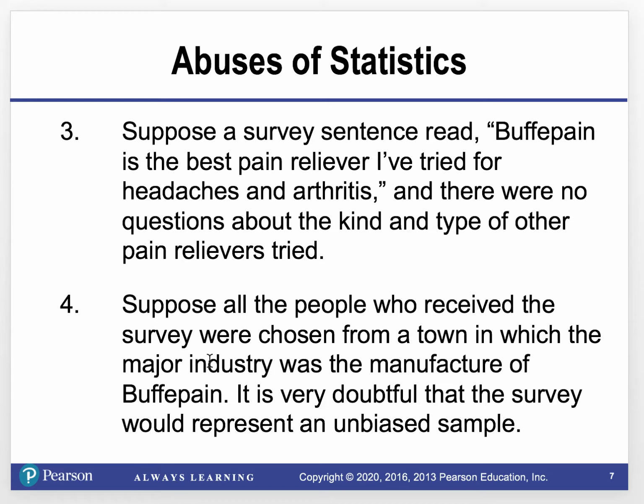Again, were these just people in the town where Bufopain has their manufacturing company? The number and type of pain relievers used, was it Bufopain versus a placebo? And everyone said, oh yeah, Bufopain is better. Okay. And how the answers were interpreted. So we want to keep those basic things in mind.